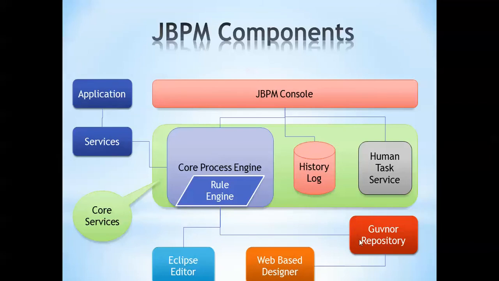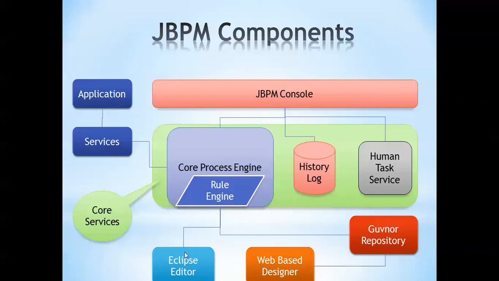And here is the Guvnor repository, which is going to version your business flow. You can version all the business flows along with the rules using the Guvnor repository. The Guvnor repository supports a web-based designer where you can create a business process, and then you can manage the business processes and their rules.